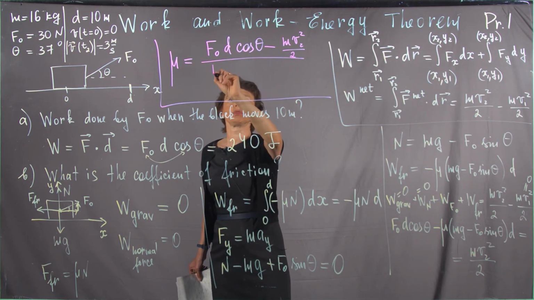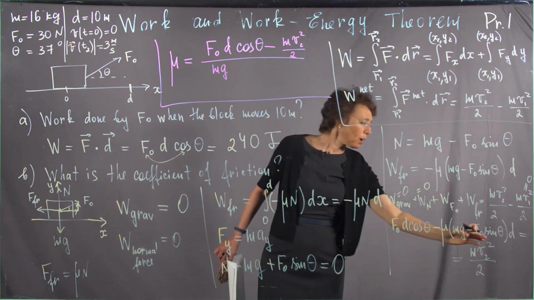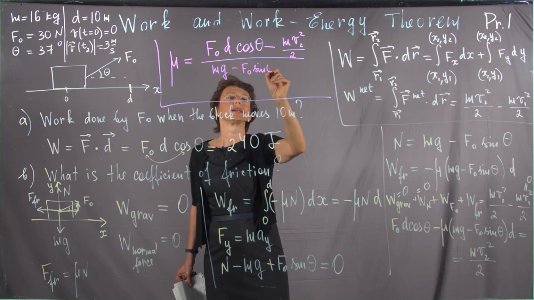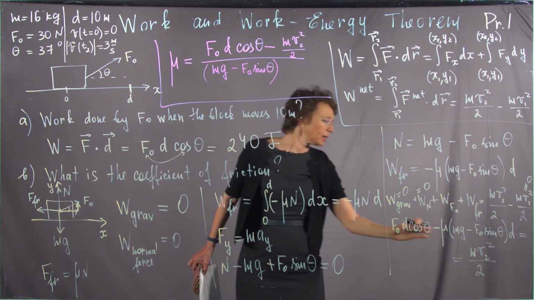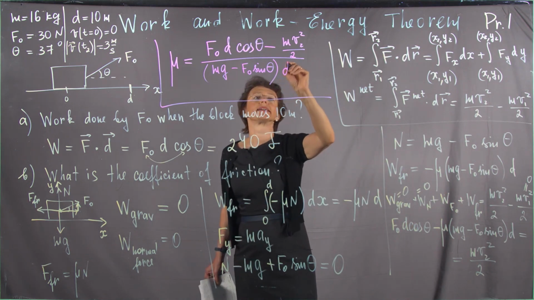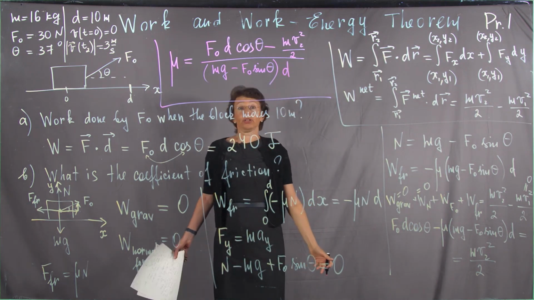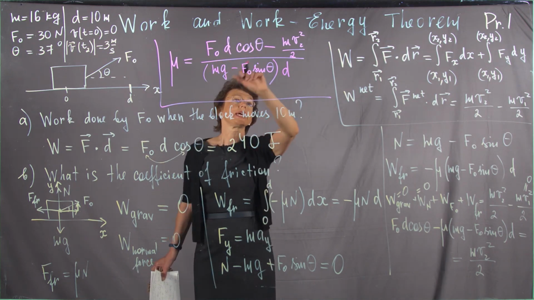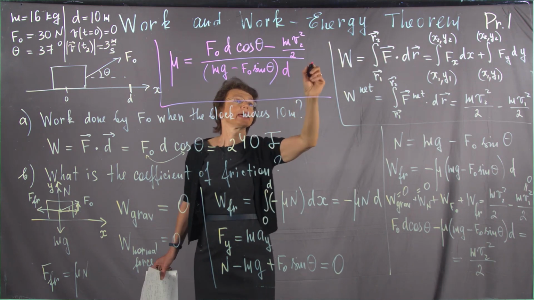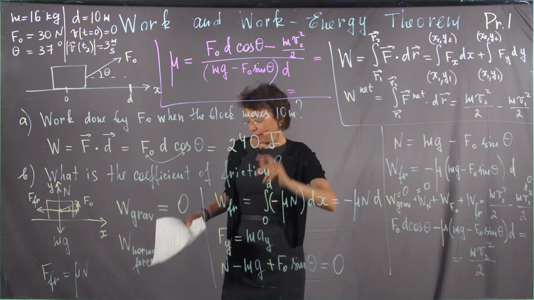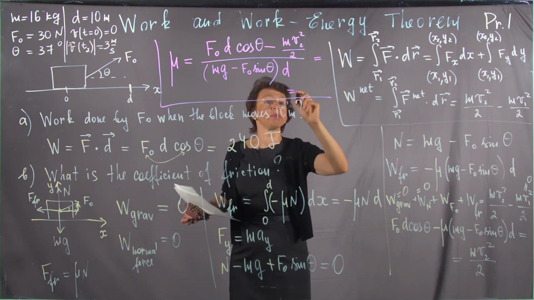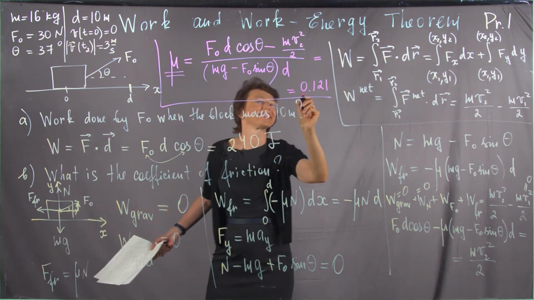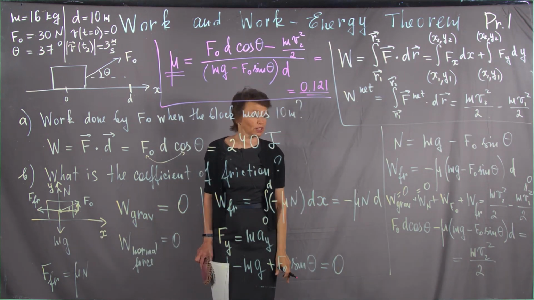Divide by mg minus F naught sine theta, in parentheses, times d. I know everything in this formula, so if I plug in the numbers, F naught is given, d is given, theta, v2, m, then I will get 0.121 for the coefficient of friction. We found the coefficient of friction. We solved the problem.